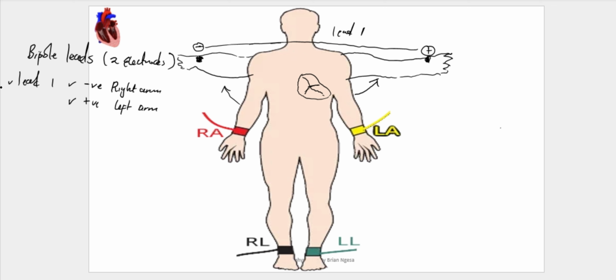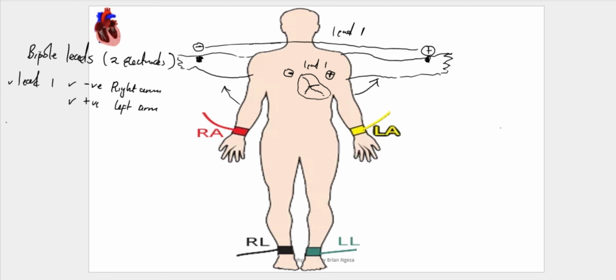The heart is likely to perceive these charges, negative here and positive here, as the lead 1. So we'll be able to see how these are very essential in explaining how signals are moving from the sinoatrial node and eventually to the ventricle.